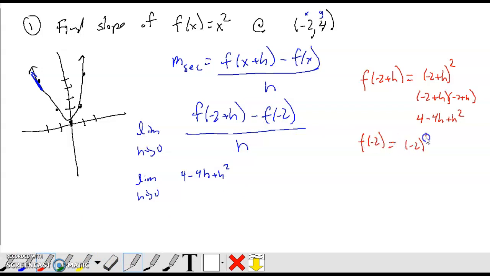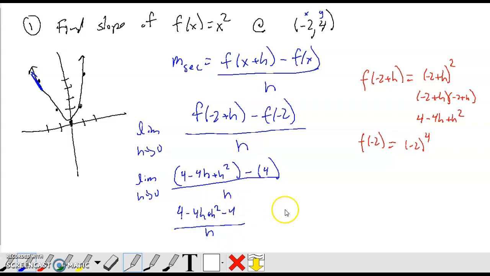So this will just be negative 2, 4. Well, we already had the answer right here. So this is my first value, minus my 4, right? All over h, okay? Nothing really needs to be distributed. So we're just going to say 4 minus 4h plus h squared minus 4 all over h.